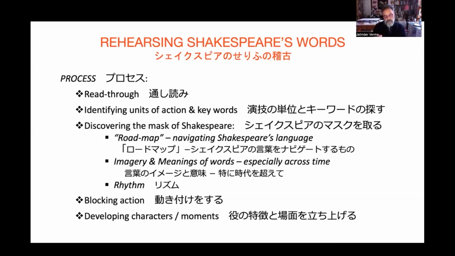The first thing in terms of finding this shape is what I call the roadmap, which is to find how do we travel through the language of Shakespeare. One way to help the actors is to follow every punctuation, to remember that the thought of the character ends with a full stop, not a comma.